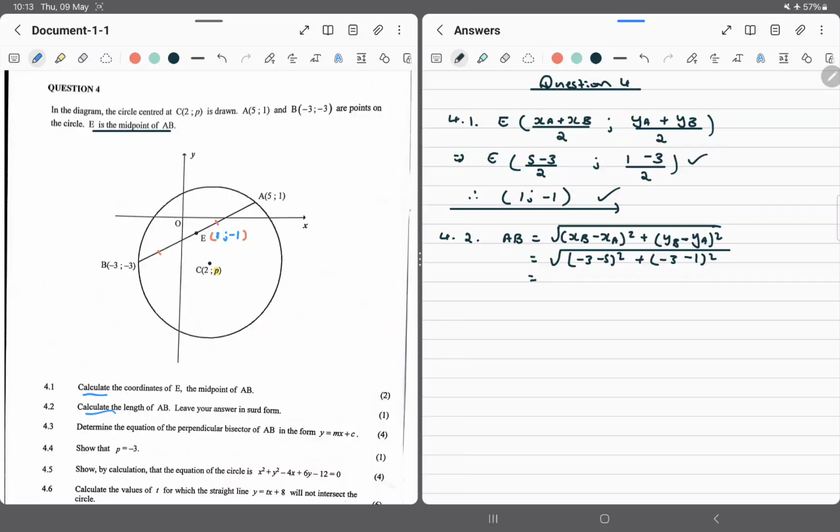Actually, guys, this talking too much gives me a bit of time to refresh my brain. Sometimes when I'm feeling a bit tired or a bit offish, if I talk a bit, then I feel a bit better. So this is 4 root 5.